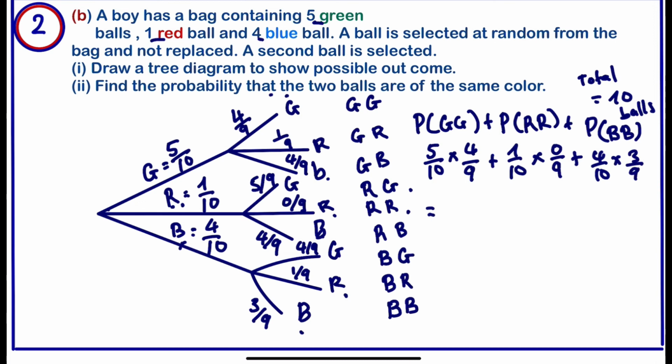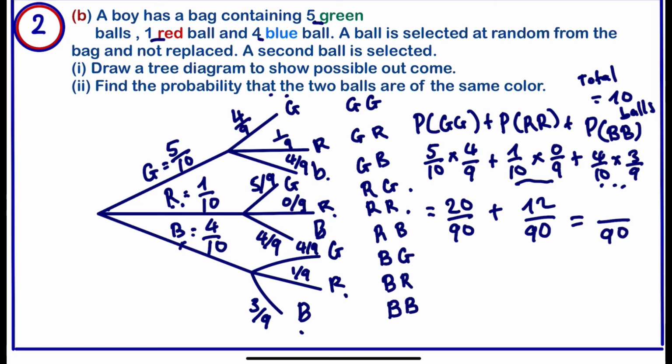If we multiply this, we are going to have 20 over 90, plus this will give us 0, since any number times 0 is 0, and this one will give us 12 over 90. In fraction form, we need to add only the numerators, and the denominator remains the same, 90.